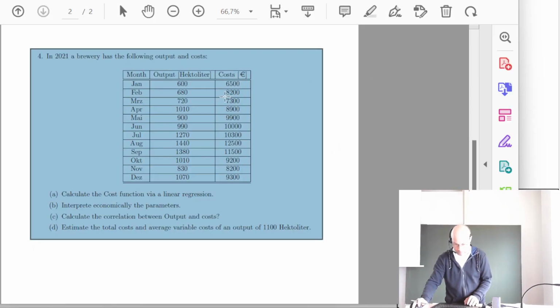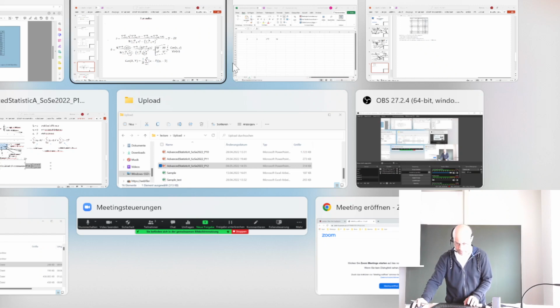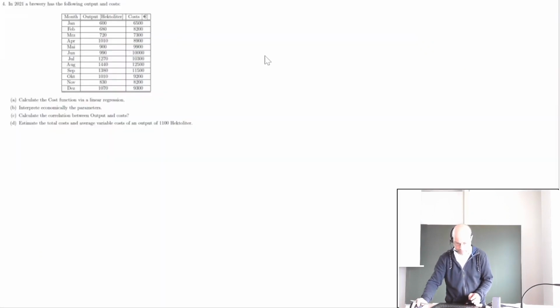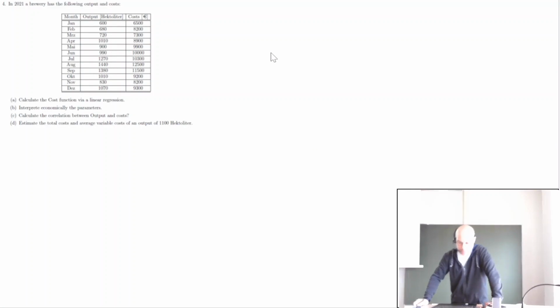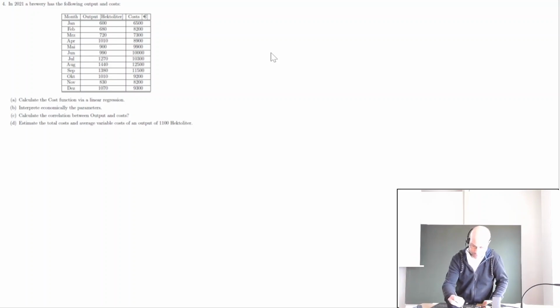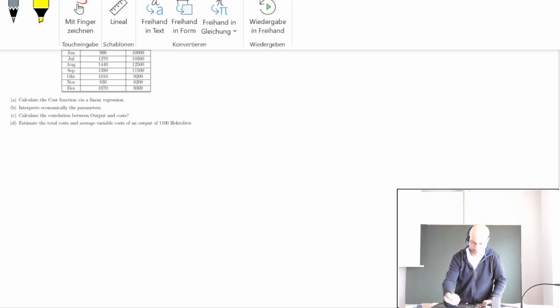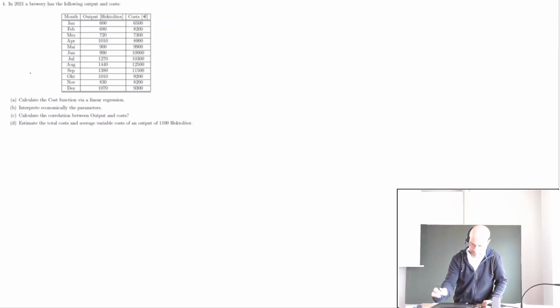So, of course, we want to have our cost function. This is what we want to do economically, and our costs are dependent on our output. This is how you have done it in many lectures on business administration.